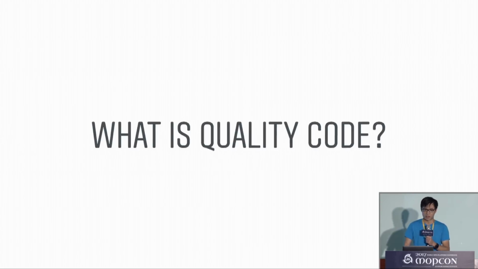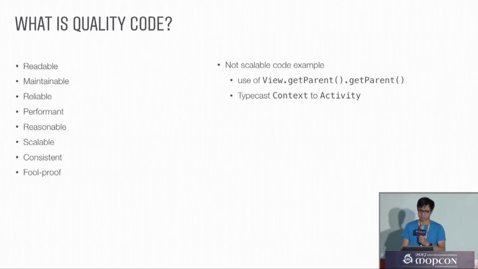So quality code has multiple features. The first four are simple: it needs to be readable, maintainable, reliable, and performant. I want to talk about the fifth property, which is reasonable. A reasonable code has very simple logic, and its logic is easy to reason about.